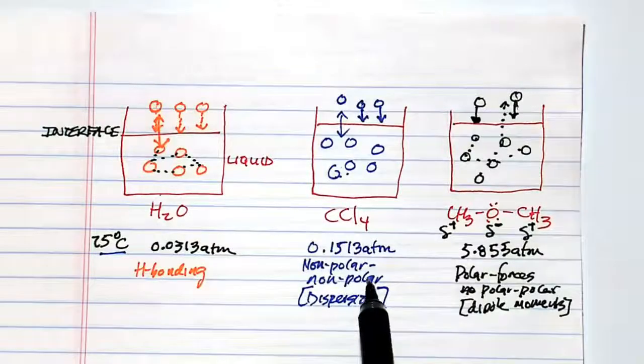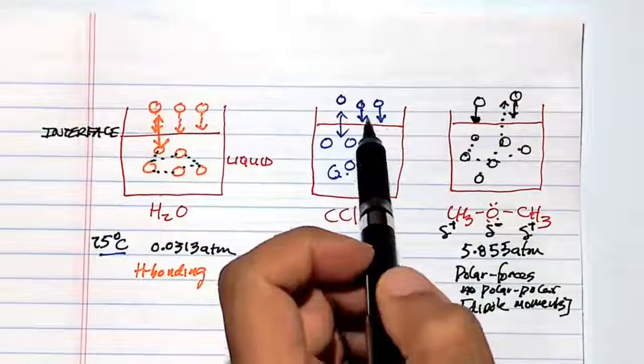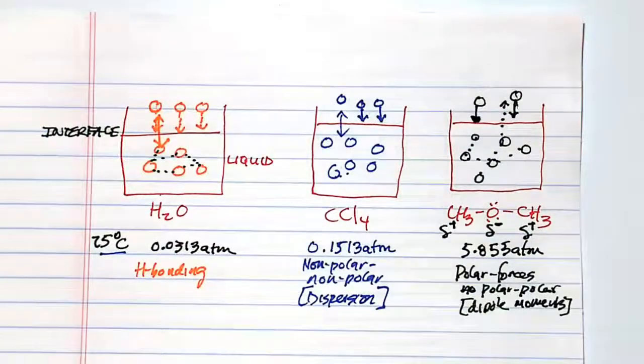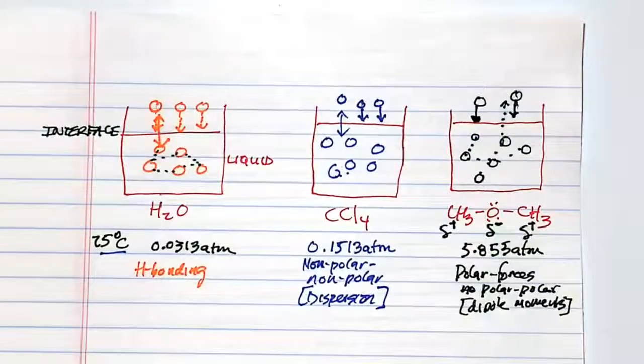Carbon tetrachloride can also do that. It can break free of those nonpolar interactions and establish a vapor pressure. Water, with hydrogen bonding, is very hard to disrupt at room temperature. It's not going to exhibit much of a vapor pressure. So very little water exists as vapor at 25 degrees.